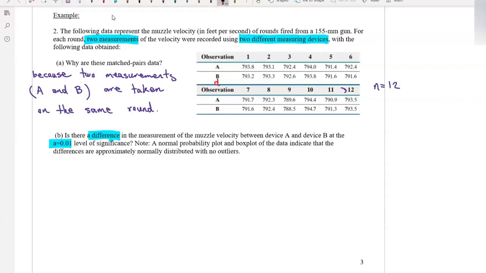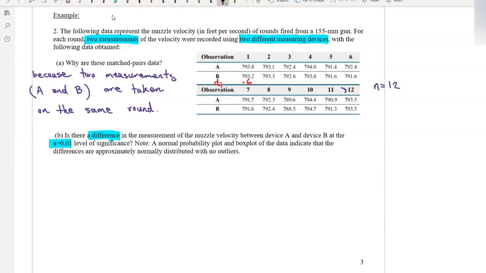I'm writing D here, so I'm using Di. I start with 1, 2, 3 to 12. The first column that I'm working on is D1. So D1 is 793.8 minus 793.2. So that is 0.6. So I'm subtracting.